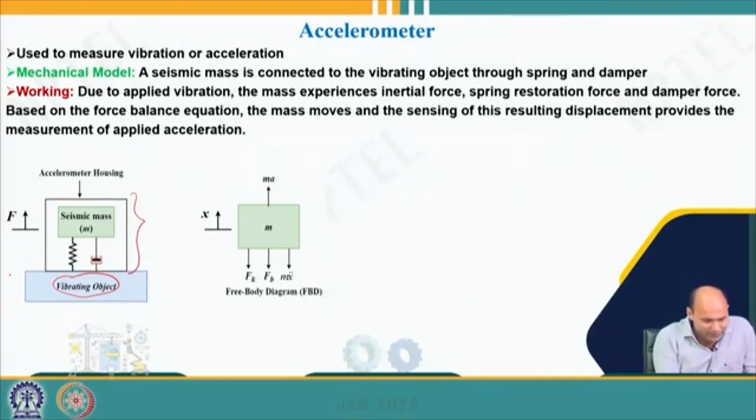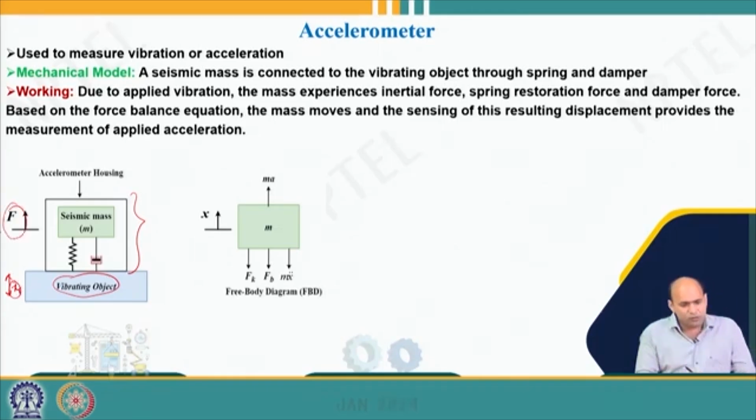When the vibrating object has some input excitation vibration, say x1, with some resulting force F, the accelerometer is mounted on this vibrating object, and depending on the accelerations or vibrations, the mass-spring-damper system inside the accelerometer will move.